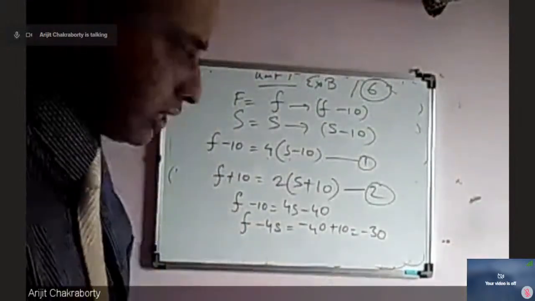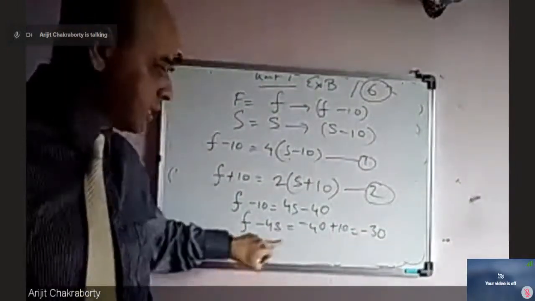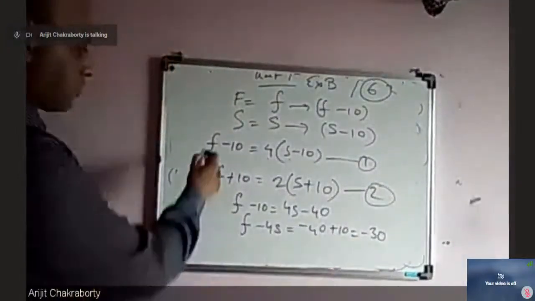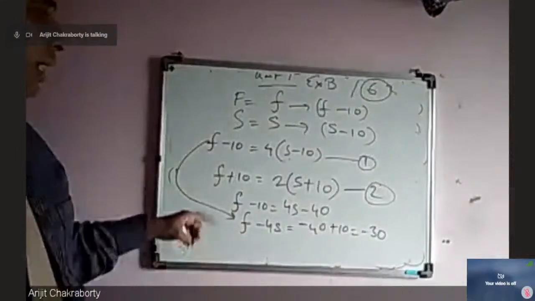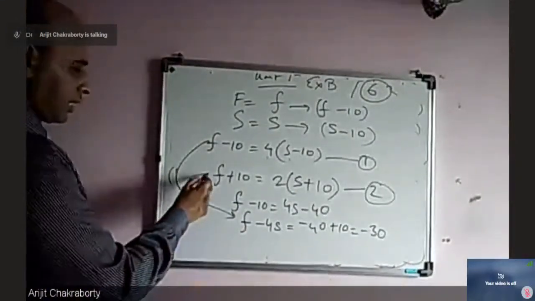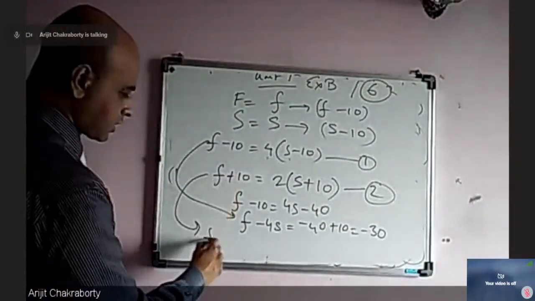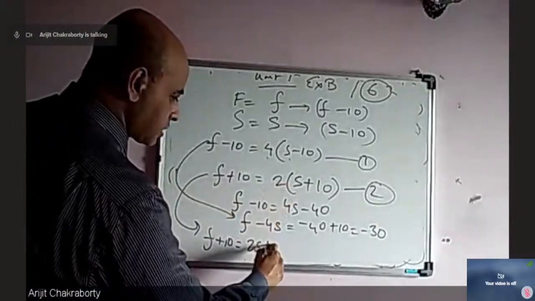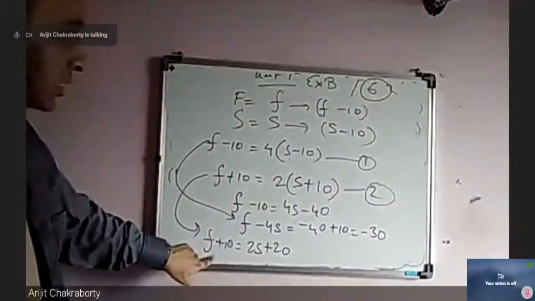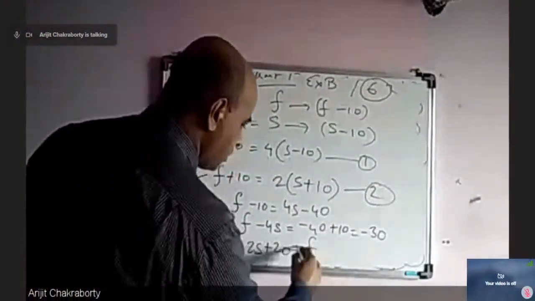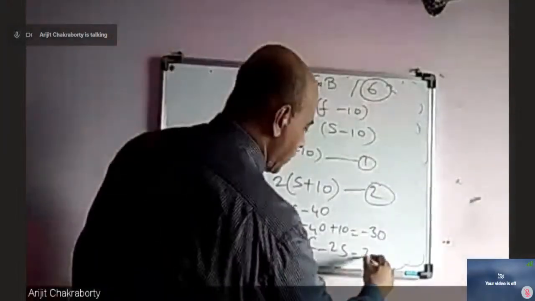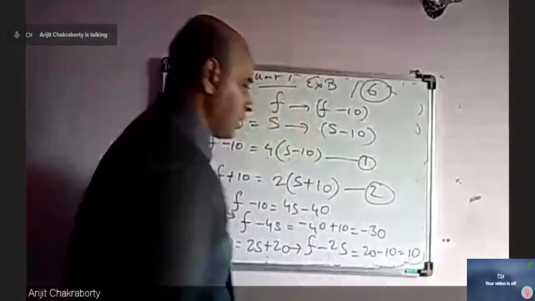Please do it with me. And from the second equation, we are getting F plus 10 equal to 2S plus 20. That means F minus 2S is equal to 20 minus 10, that is 10.